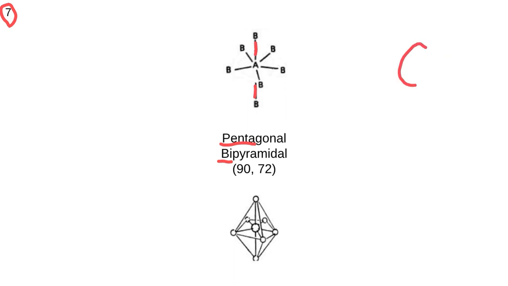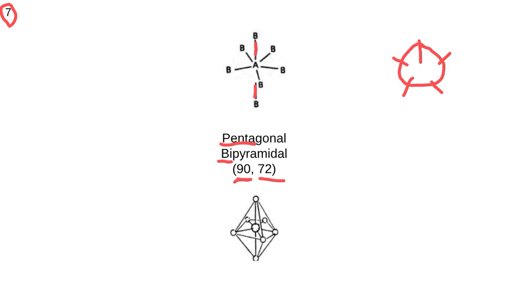So if you imagine a circle again, and forgive me for how poorly it's drawn, but if you imagine 5 of these bonds here, the most minimal repulsion is going to be 360 divided by 5, which is 72. That's why it's 72 here, because the 5 equatorial bonds are trying to minimize their repulsion.